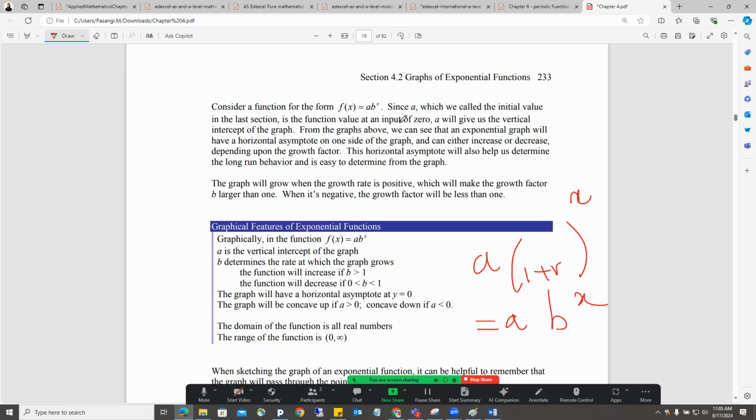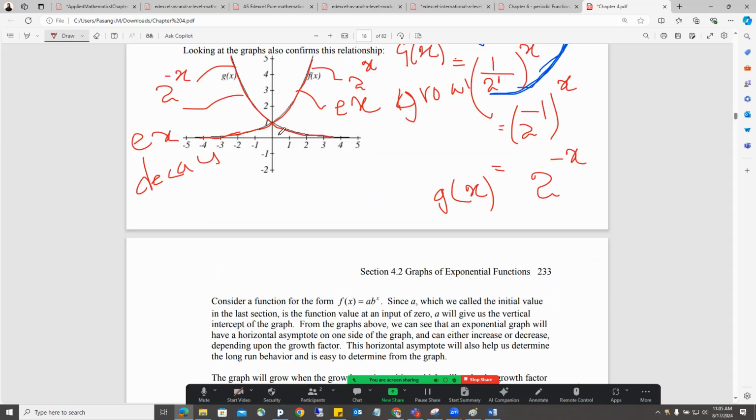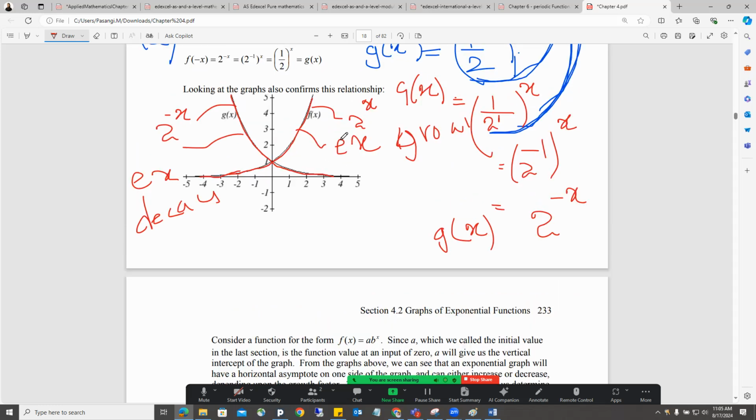From the graphs above, we can see that an exponential graph will have a horizontal asymptote on one side of the graph and can either increase or decrease depending upon the growth factor. If you check this one, here we have a horizontal asymptote. What is the horizontal asymptote? For these two graphs, y equals 0.